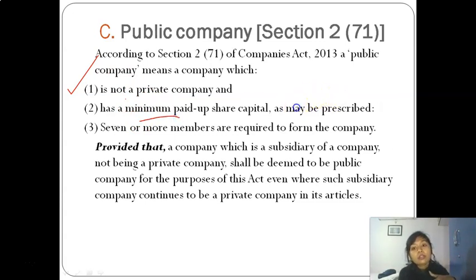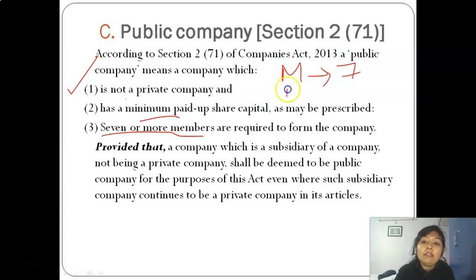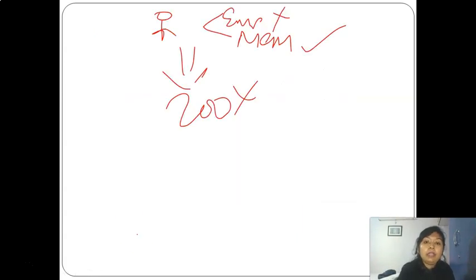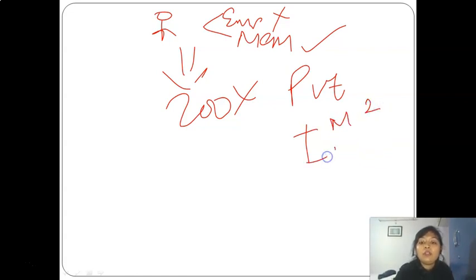And it has minimum paid up share capital as may be prescribed. From here also the limit has been removed. Earlier it was 5 lakh. And 7 or more members are required to form the company. If we talk about members, you need at least 7, and directors at least 3. For a private company, you have members at least 2, and directors at least 2.